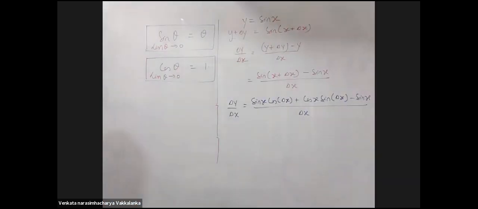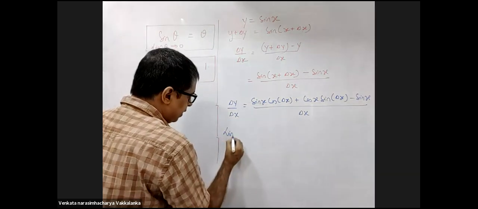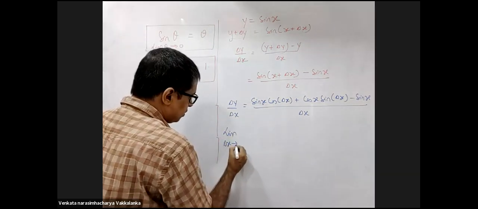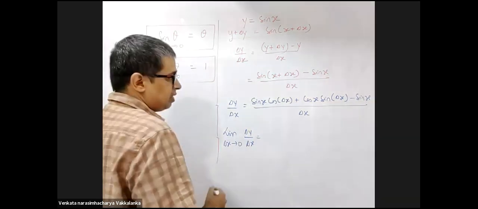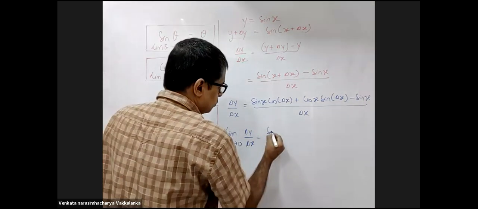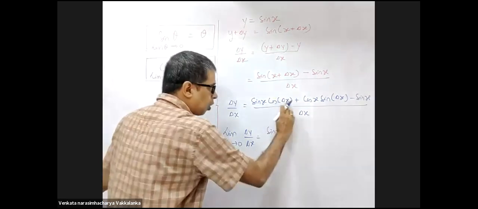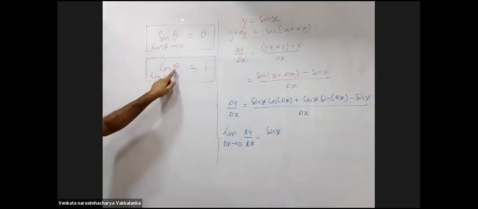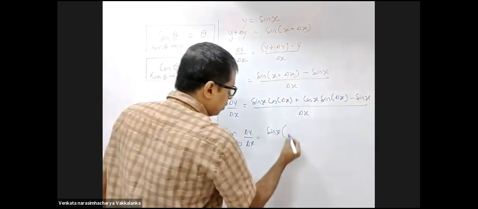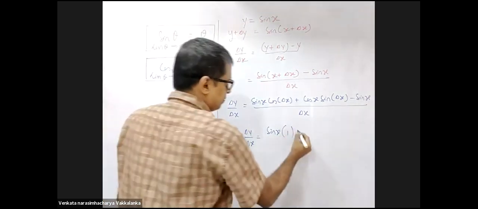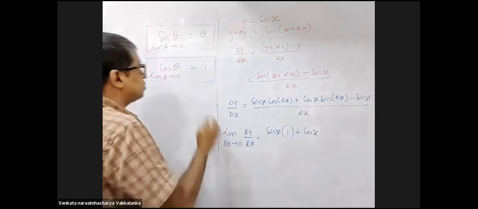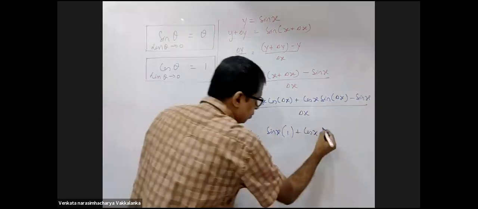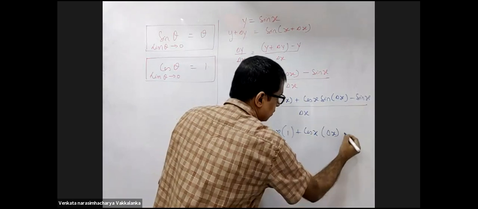Now limit delta x tending to 0, delta y by delta x: sin x cos delta x, with delta x tending to 0, is 1. Cos x sin delta x, with delta x tending to 0, is delta x.